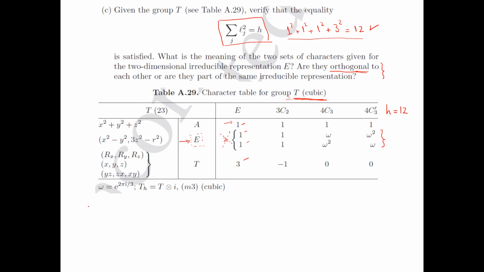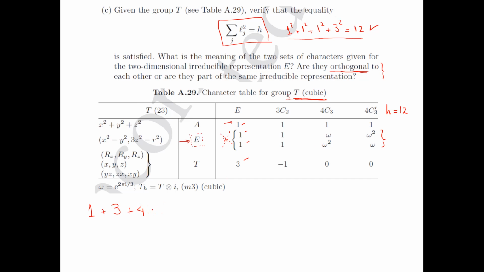So we need to be careful, because for one of the elements in the product, you have to take the complex conjugate, right? So working out the orthogonality here, I have 1 plus 3. Remember, you have to multiply by the number of elements in the class, plus 4 times... Let's choose this one to be real and the other one to be complex.